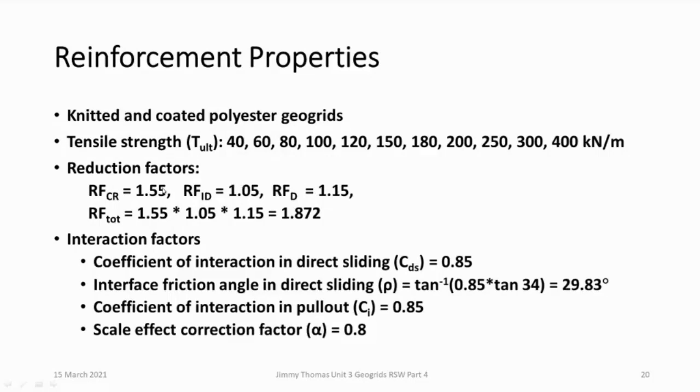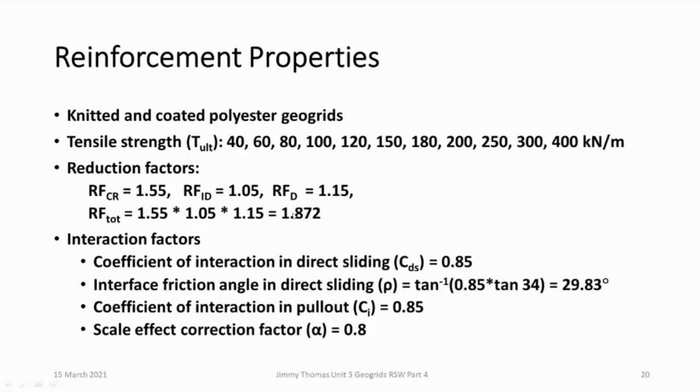For example, creep depends on temperature, so depending on the average soil temperature in the area, we have to select a value. Installation damage depends on the kind of fill material we are using. Presently we are using pond ash, so it is not a very aggressive material. For durability, we have to select the appropriate value.